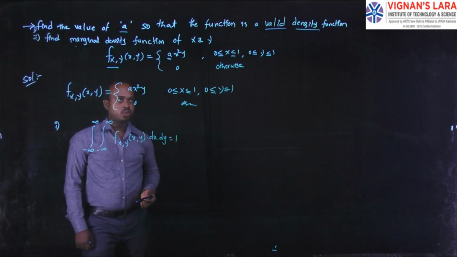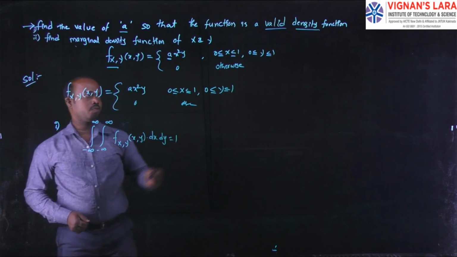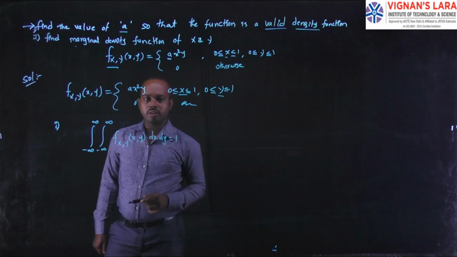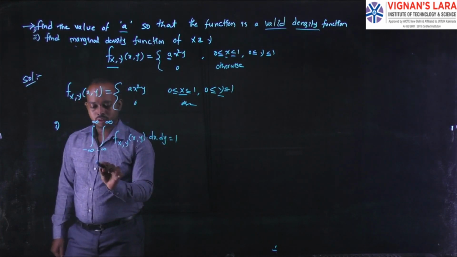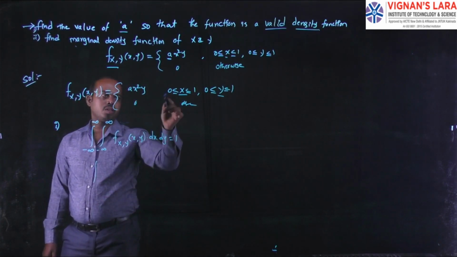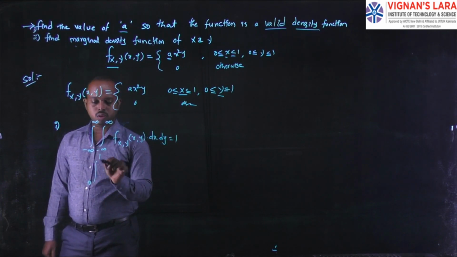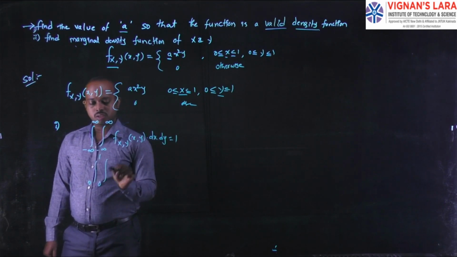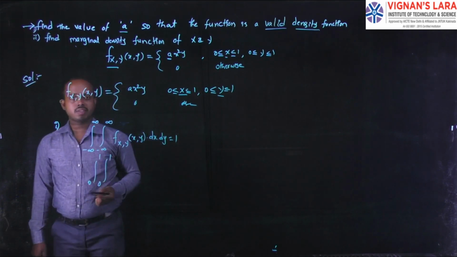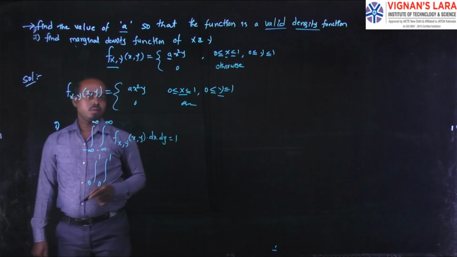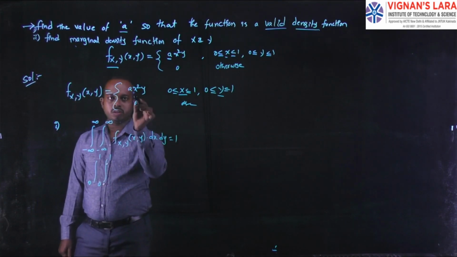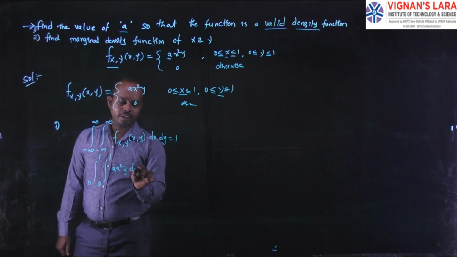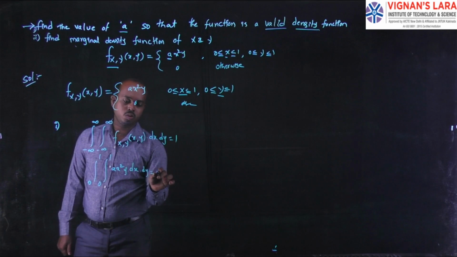Now I am substituting the limits for random variable x and random variable y in this relation. The random variable x limits are 0 to 1. Similarly, the other random variable is also given the same limits, 0 to 1. In some cases, different limits are given. And we write the joint function: a x square y dx dy is equal to 1.